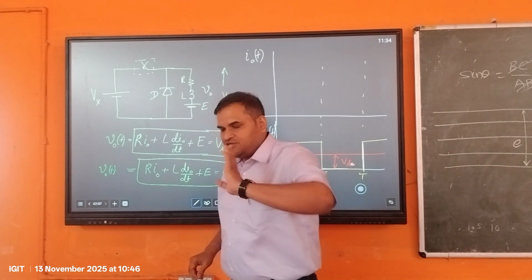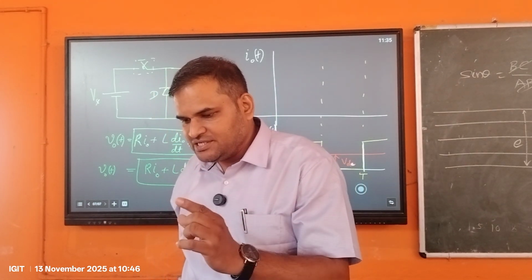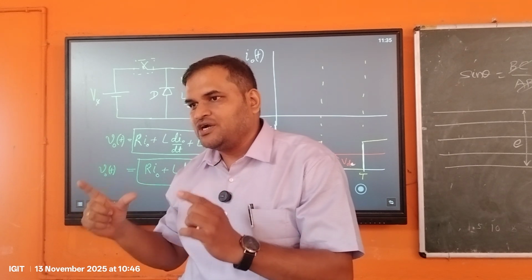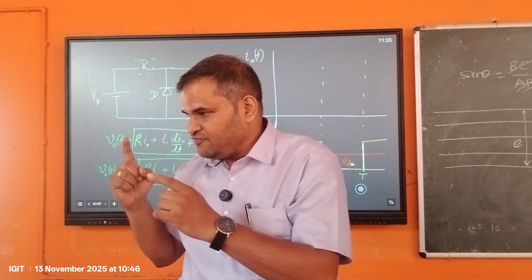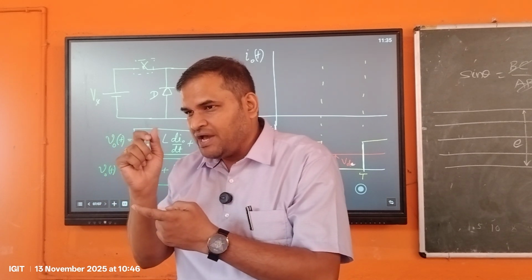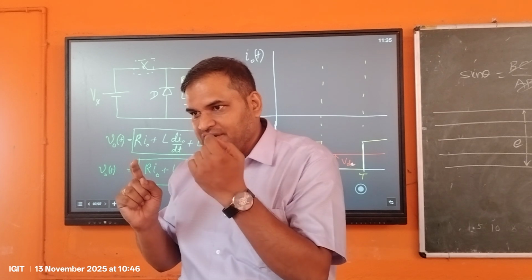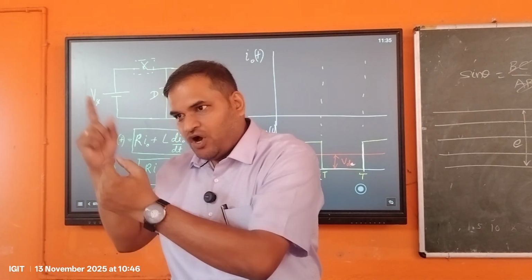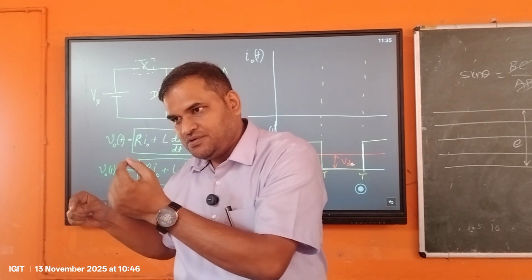One more thing, I was asking a question: we connect a DC supply across the inductor. An inductor is a very short circuit, so it will draw very high current. But if you turn it on for just a microsecond, the short circuit is there, but the current will rise from 0 to a certain value, then we turn it off. Again it will come down from a certain value to 0.